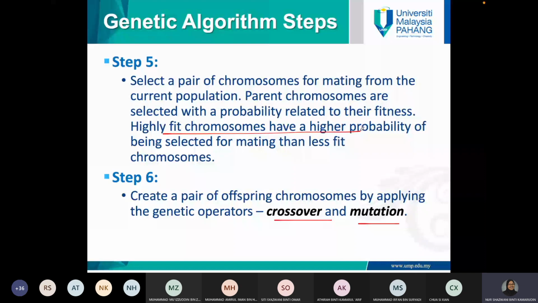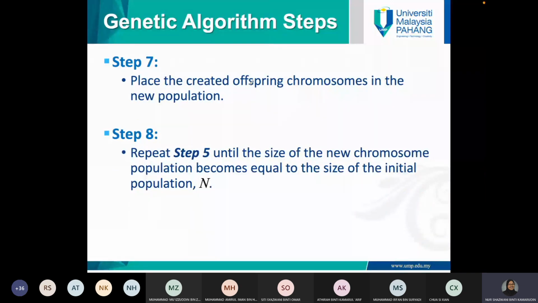And then step 7, we place the created offspring chromosomes in the new population. After we do the crossover and the mutations, there will be new offspring, new chromosomes. We put those new chromosomes into the new population. So now we will have 2 populations, the original population and the created population.